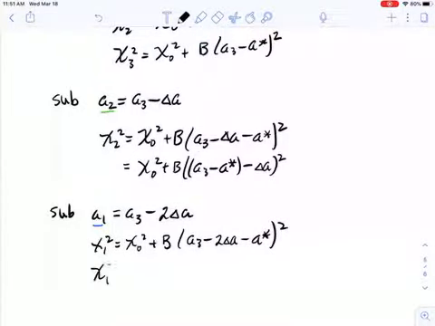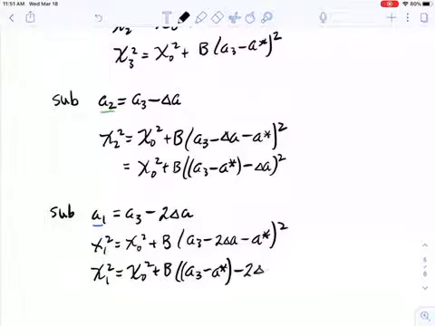Or chi1 squared is equal to chi0 squared plus b times (A3 minus A star minus 2 delta A) all squared. All right. So I'm going to call this equation 1, I'm going to call this equation 2, and this equation 3.